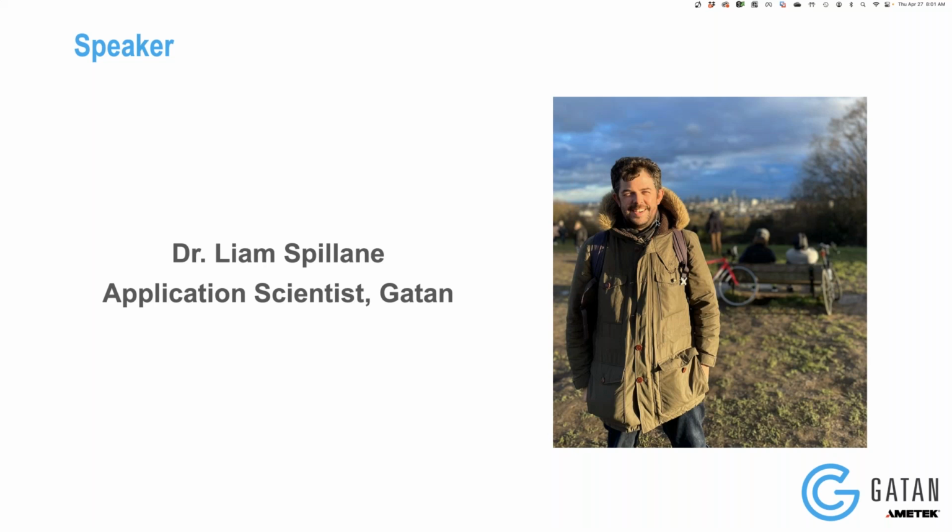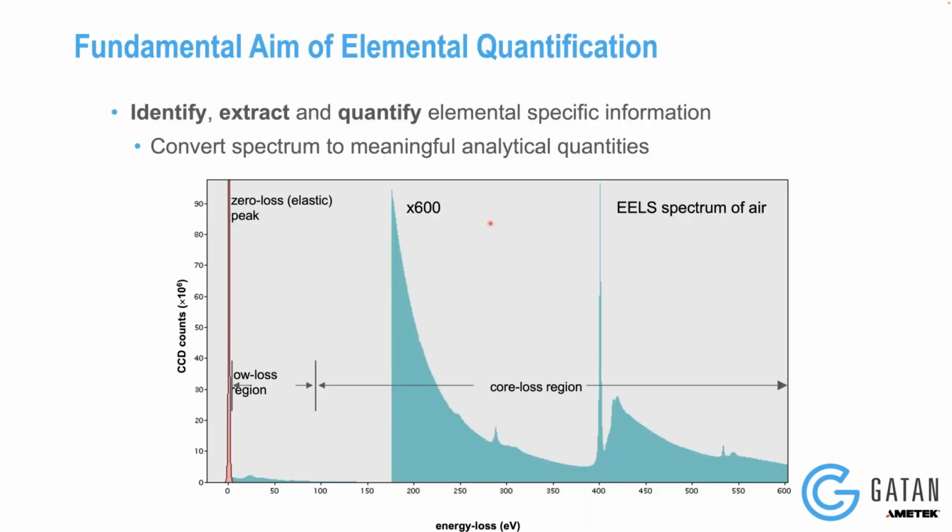Thanks, Jonathan. And thanks everyone for joining the webinar. So let's get going. The webinar is about DualEELS processing. Let's start off with some fundamental aims of quantification. What do we want to do when we're doing elemental quantification?